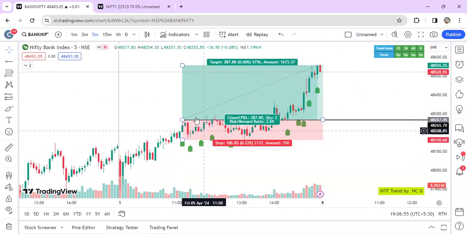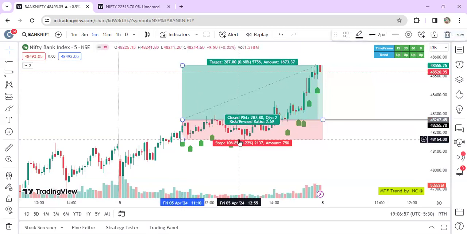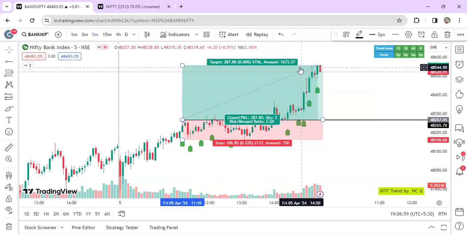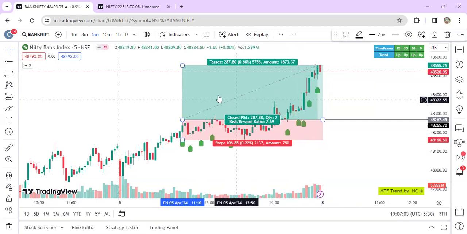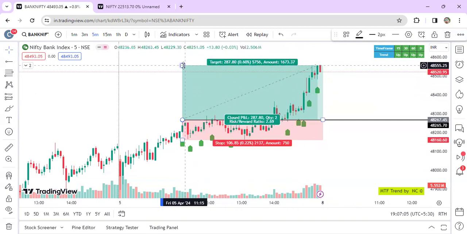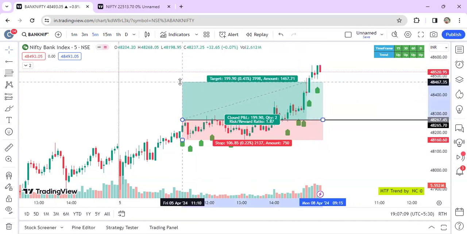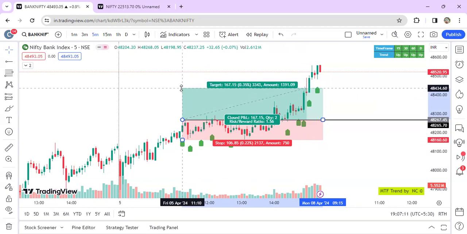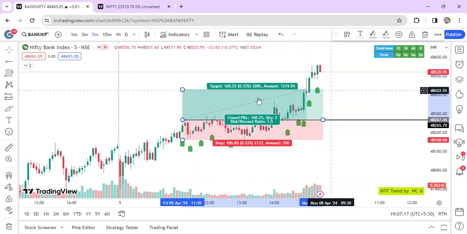Don't you think it's great, putting a 100-point SL and getting almost 300 points of reward? And for the initial trader, I would say keep the risk to reward not more than 1:1.5. That itself will keep you in a profitable position.